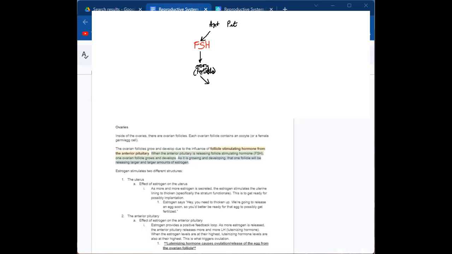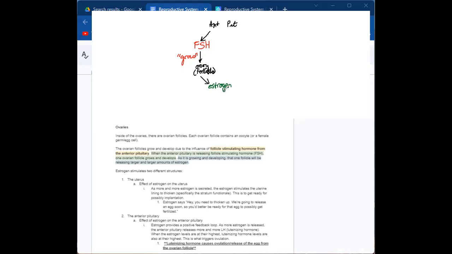Let me back up. The message that the follicle stimulating hormone sends to the ovary is grow, get bigger. And as the ovarian follicle grows and gets bigger, it's going to be making more estrogen.